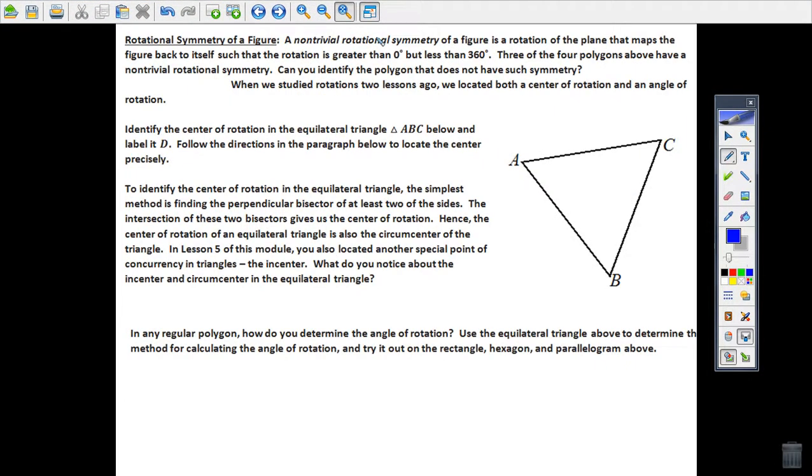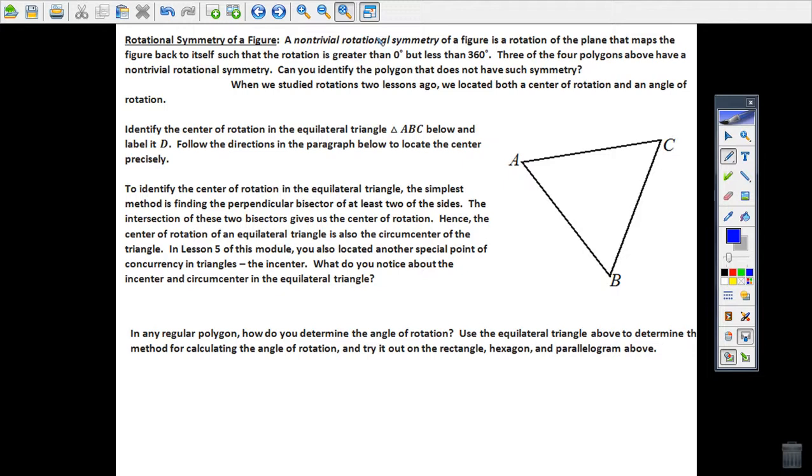On page 84, you'll see that a rotational symmetry is any symmetry that you can rotate between 0 and 360 degrees. If you go all the way around 360 degrees, that'll obviously end you where you started, right?